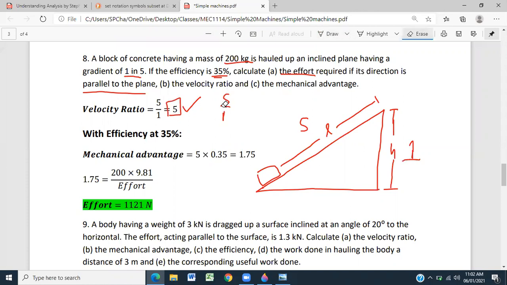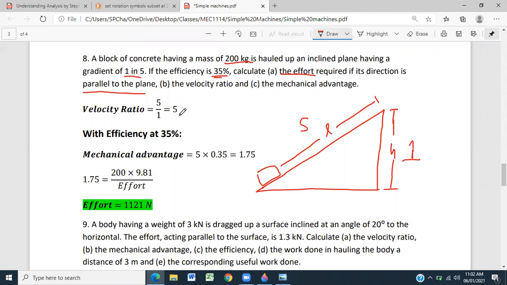Now, different from the wheel and axle, we didn't have to have the pi cancel out. We can just say that whatever the gradient is, if it's in relation to 1, then it's obviously just the length traveled for every 1 unit. That's the velocity ratio. So the velocity ratio is 5.